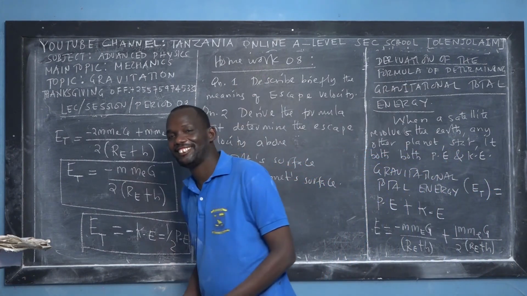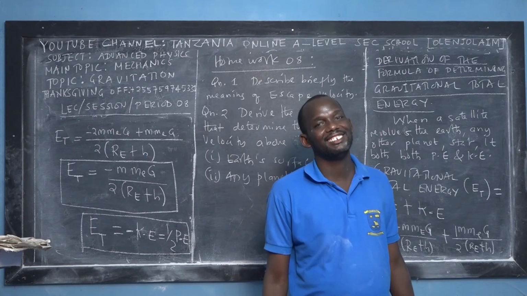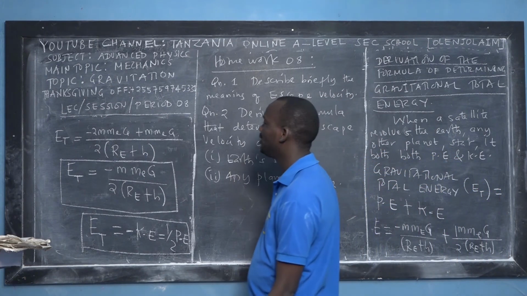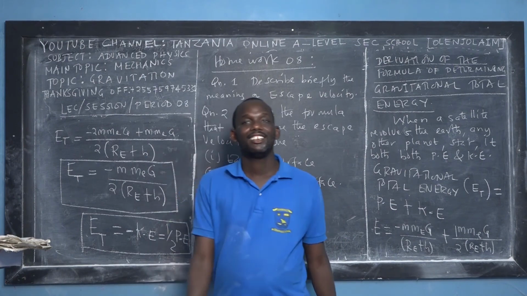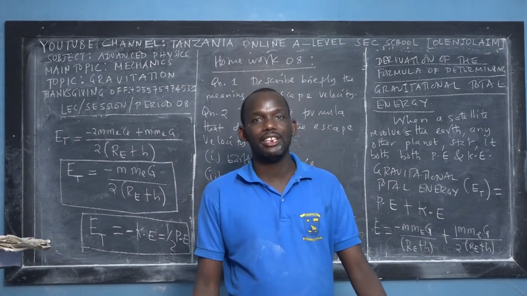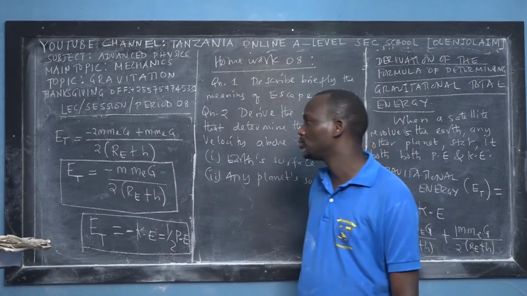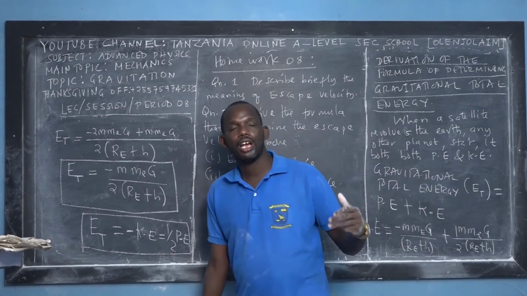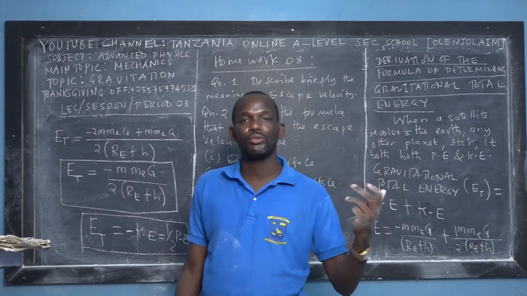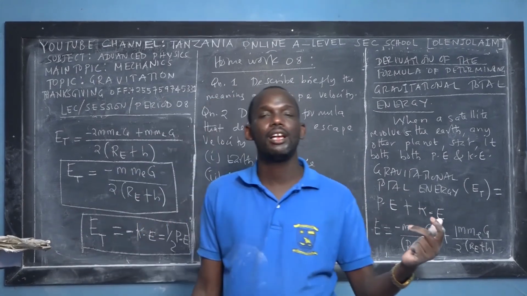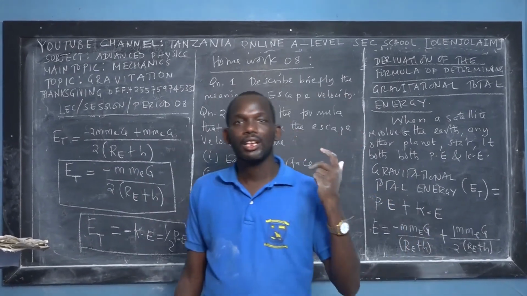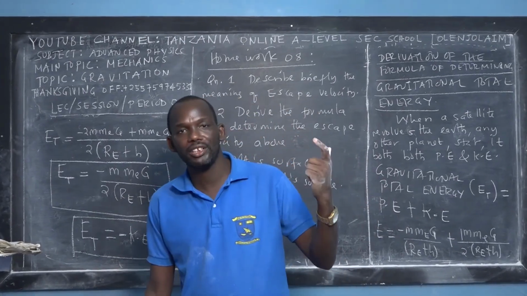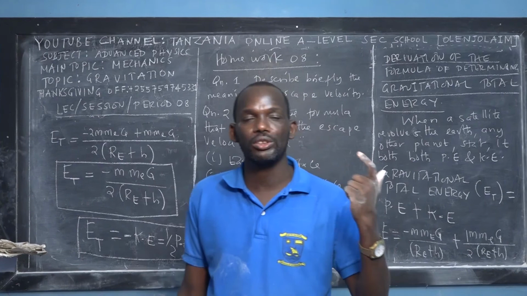And this is the end of our fantastic lecture, or session, or period 8 of gravitational mechanics. We've been learning a lot about the potential. Just to summarize what I've taught you: I've taught you about the meanings of gravitational field, and gravitational field strength in its mathematical formula. I've taught you how to derive the work done required to bring a body from the infinite regions to the point.